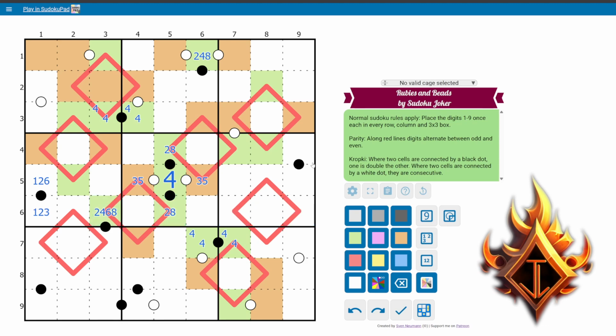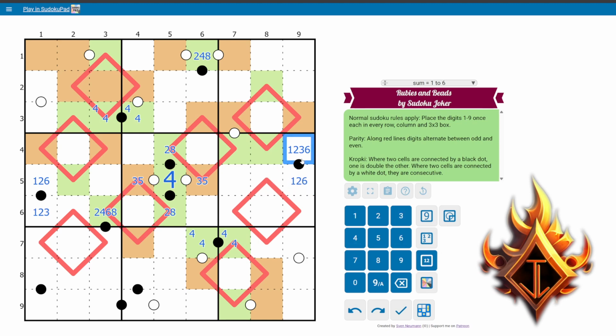Oh, these cannot be even because there's 2 here. So those are 1 of each. So they will be 1, 2, or 3, 6 as well.